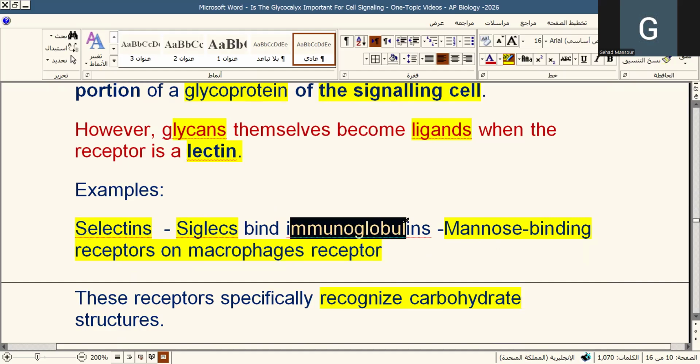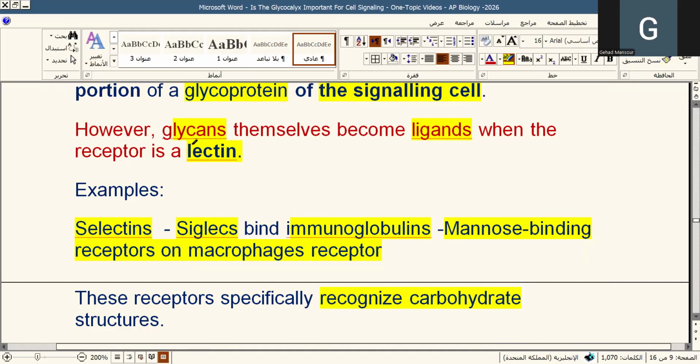We also have the siglecs, and the siglecs are receptors that can recognize sialic acid and at the same time can bind immunoglobulins. What is sialic acid? Sialic acid is a carbohydrate that is present on all healthy cells, whereas stressed cells and cancer cells do not have this. So when the siglecs recognize sialic acid, which is present on the cell membrane of the cells, they inhibit the immunoglobulins in order to prevent autoimmune diseases.